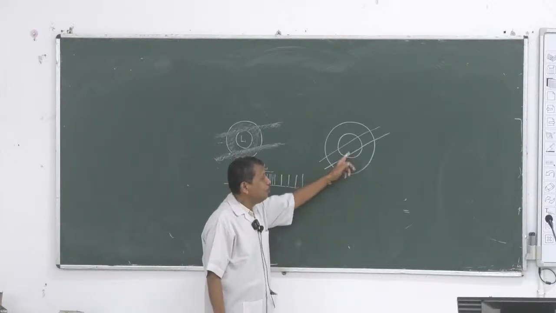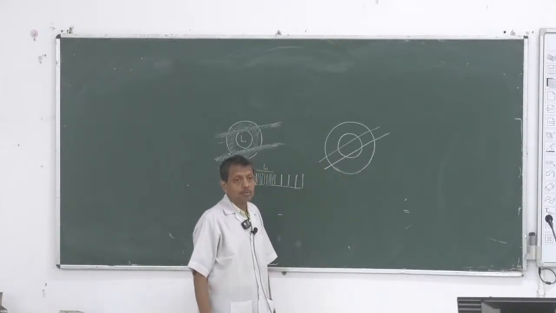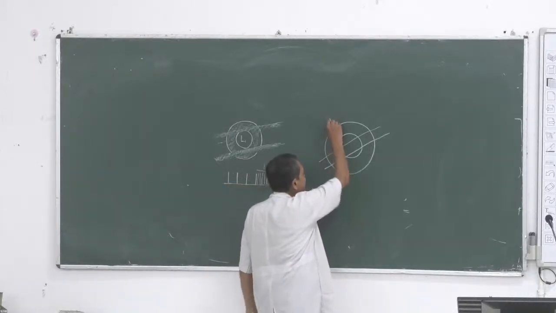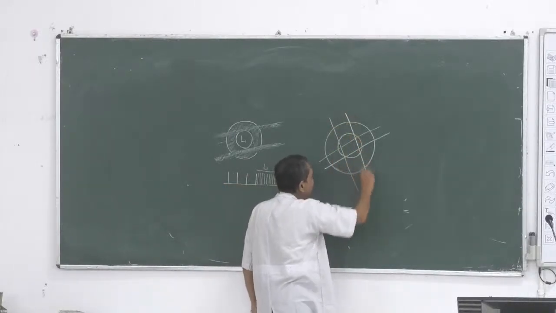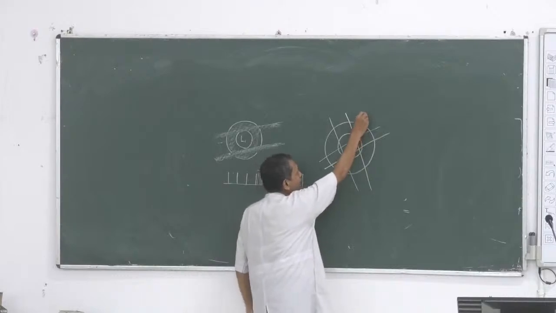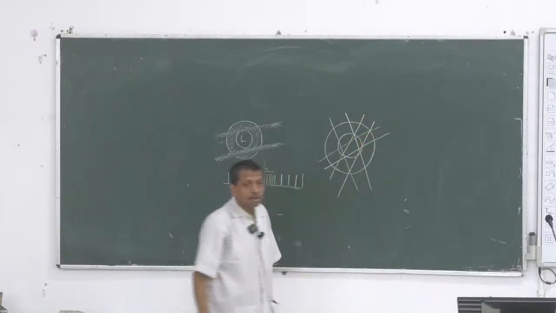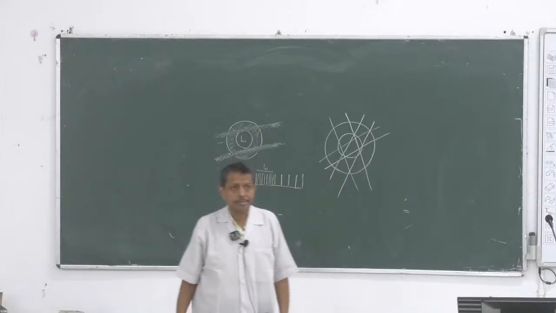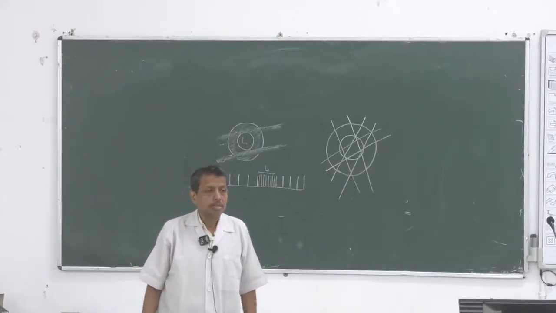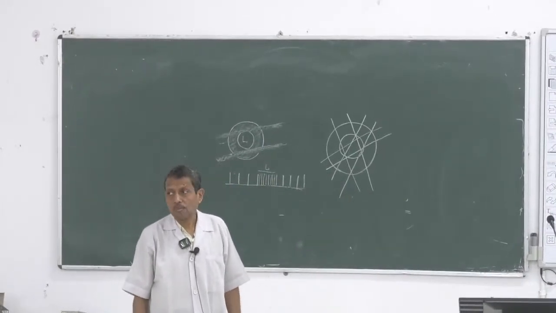But it has no preferred orientation. It will be equally effective in this orientation or this orientation or any different orientation. It is the same. It is independent of orientation.